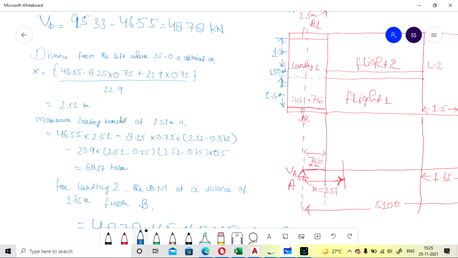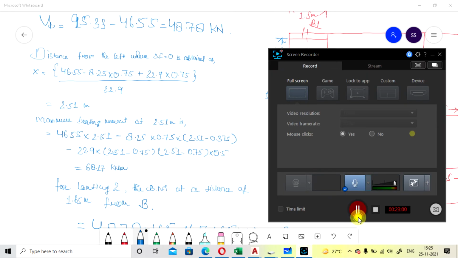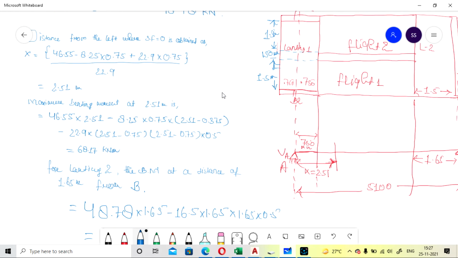So it will come as 2.51. So the critical section where shear force is 0 is 2.51.